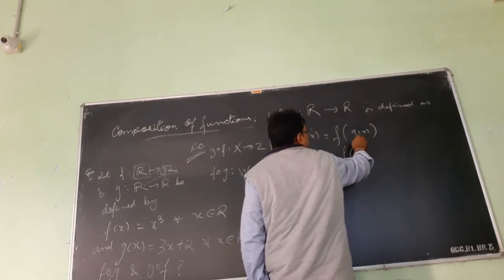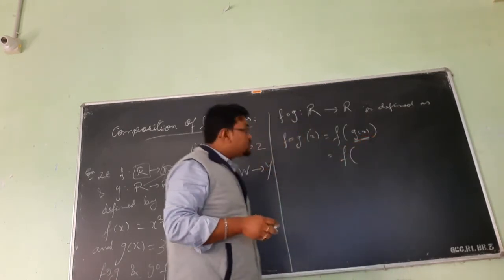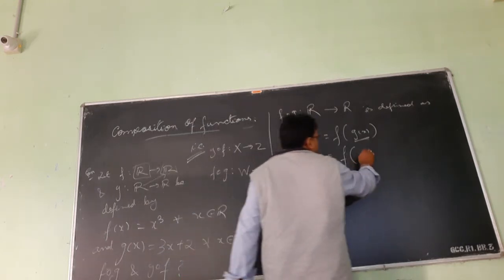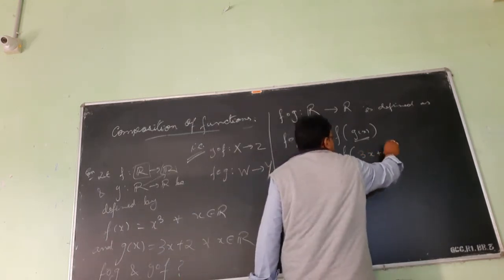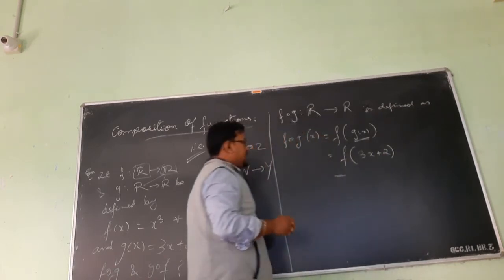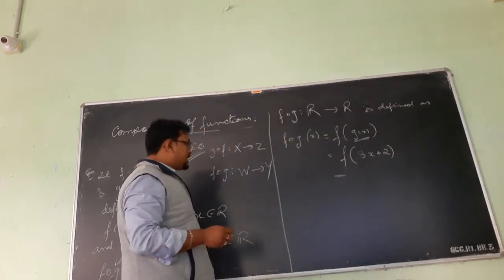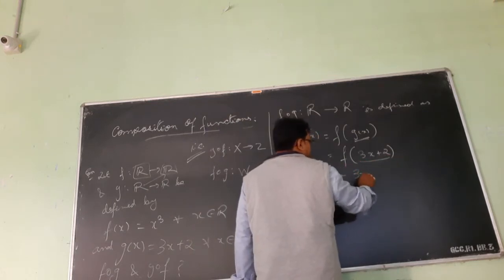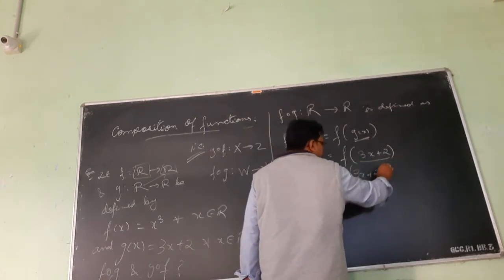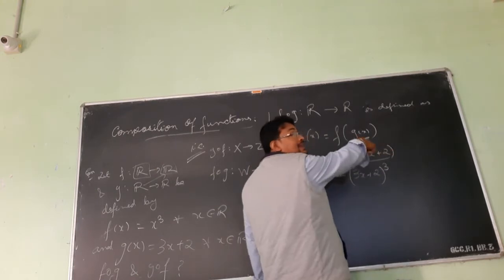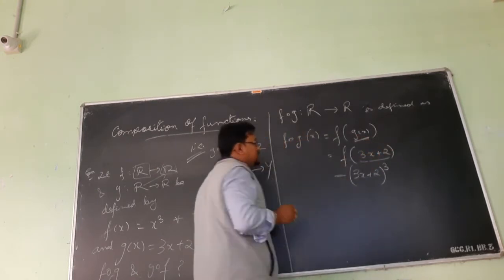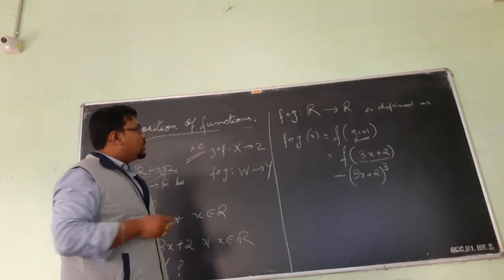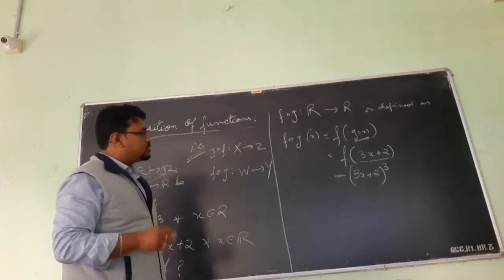First you apply the inner one. What is g(x)? It is 3x + 2, and then you apply f. Since f(x) is x cubed, this quantity is acting like x now. So f∘g(x) is (3x + 2) whole cube.